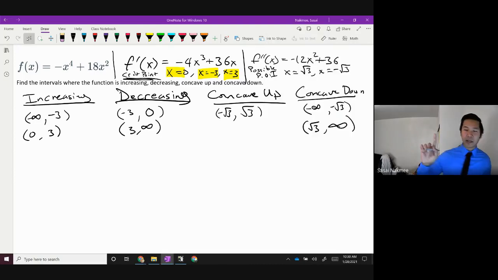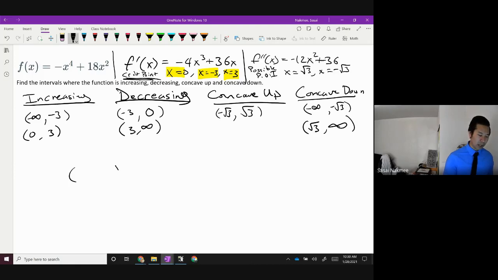Before you leave, I cleared out your pair deck screen, and I'm going to give you this hint. There are going to be a total of 6 intervals when you combine these together. There are 7 intervals right now if you look at them. It goes from -infinity to -3, 0 to 3, -3 to 0, 3 to infinity, and then there are some combinations of √3s in there. Can you get this for me right here? There's going to be a total of 6 intervals.